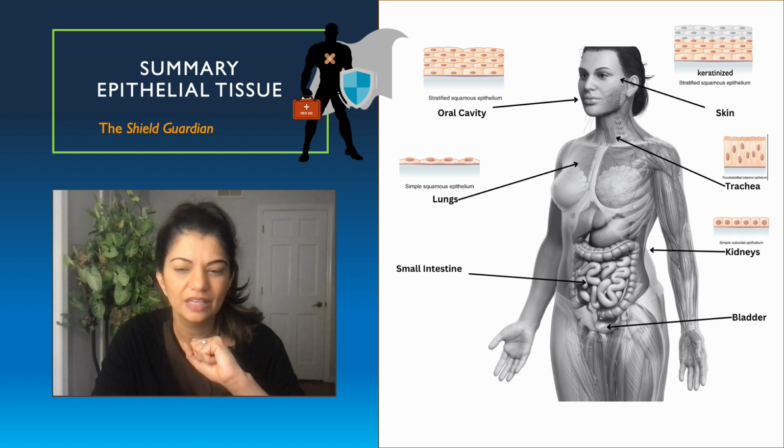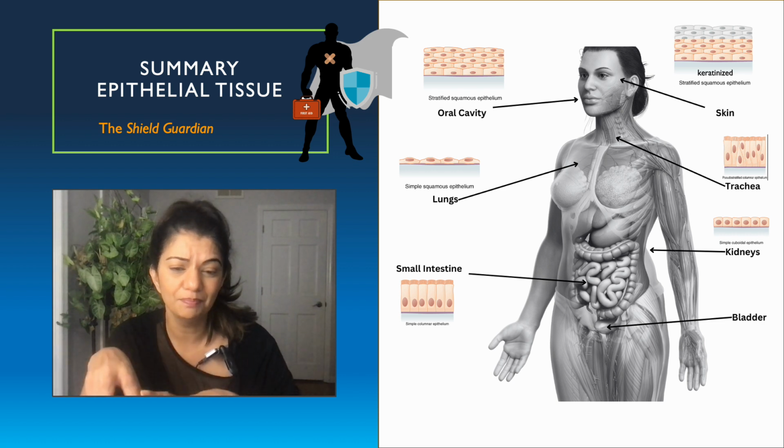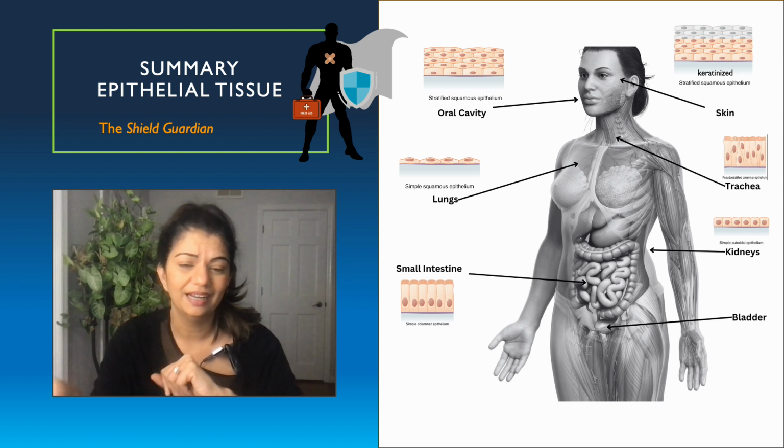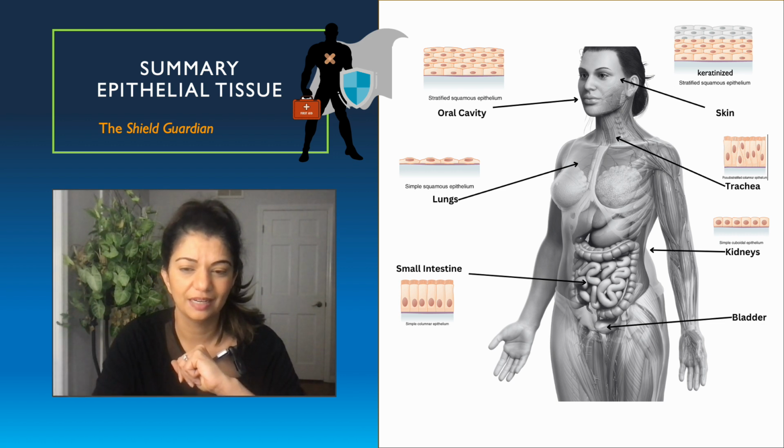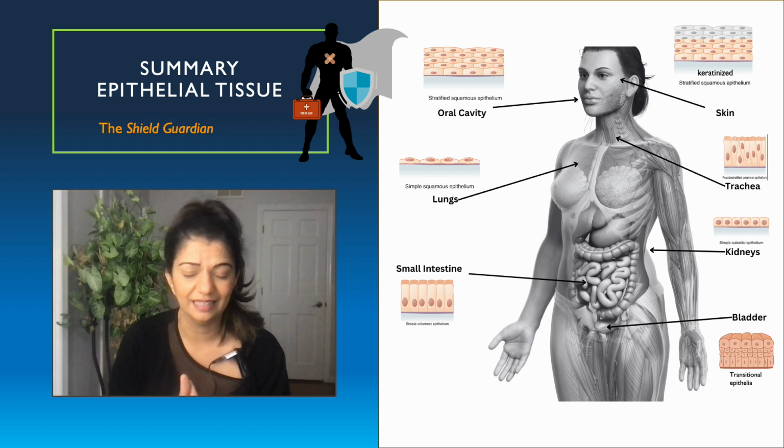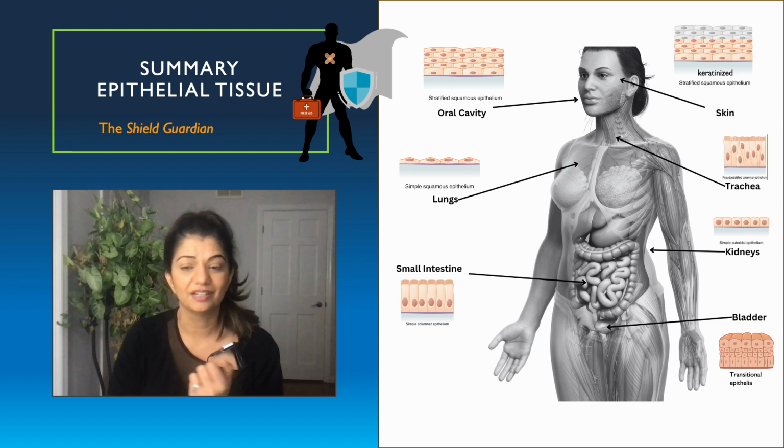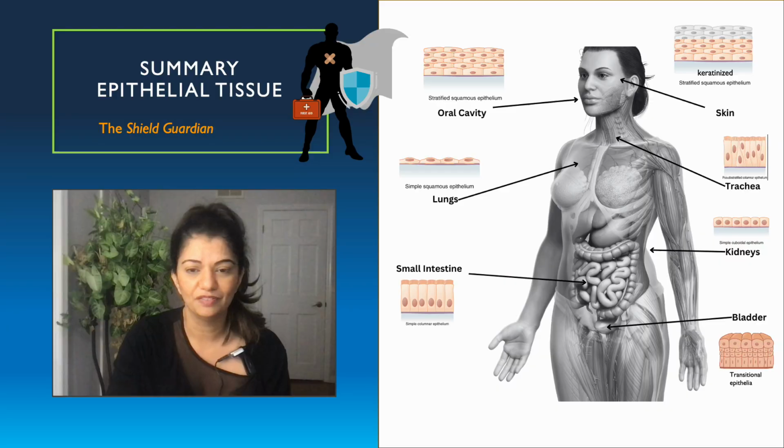In the kidneys, you've got simple cuboidal epithelia. The small intestine is going to have simple columnar, again more for secretion and absorption. And then the bladder is going to have your hodgepodge medley of cells, or at least cells that look like a hodgepodge or medley, transitional epithelia. Okay, so that's your little overview.